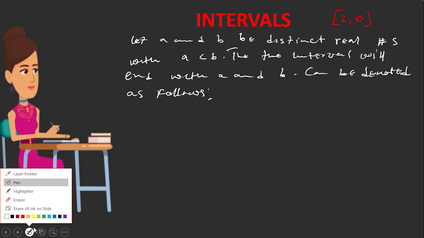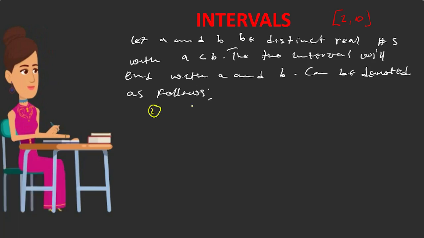I'll start with the first one, which will be my number one. In my number one, I'm going to say open brackets A comma B. This is the interval notation.